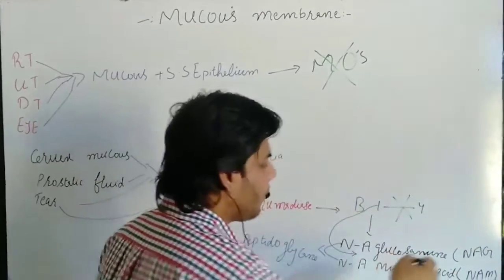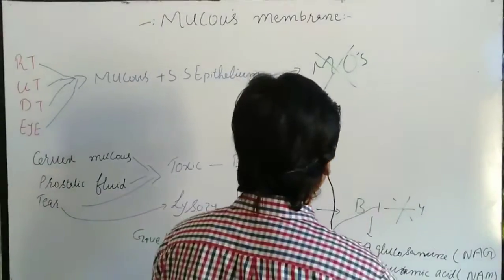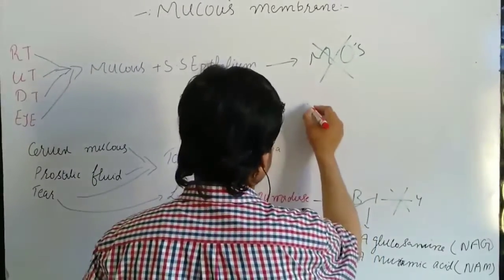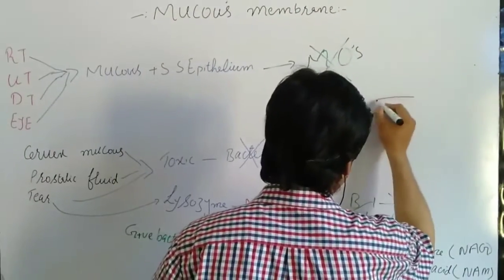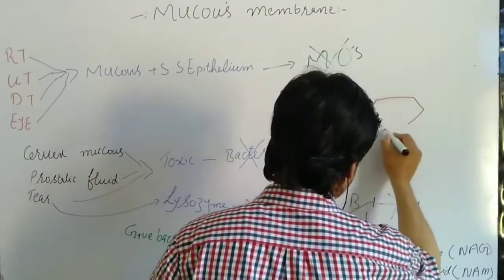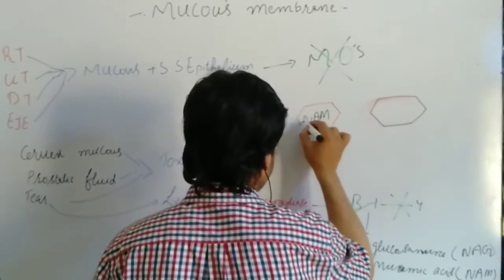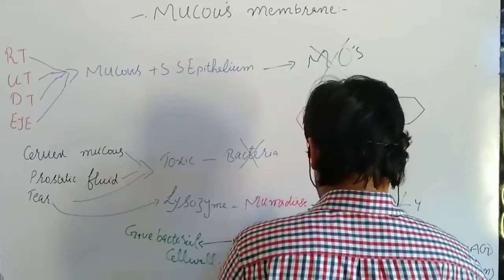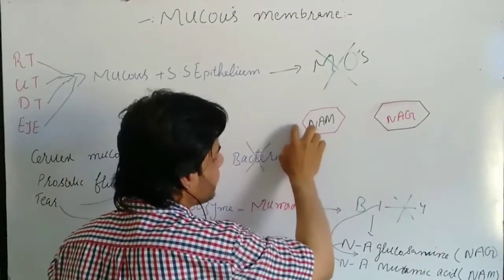So how is the bond present between them? If I draw the structure of NAM and NAG, it will look like this. These corners represent carbon.